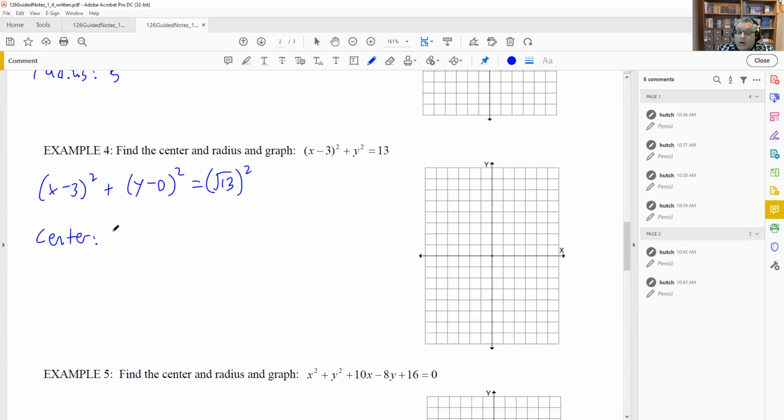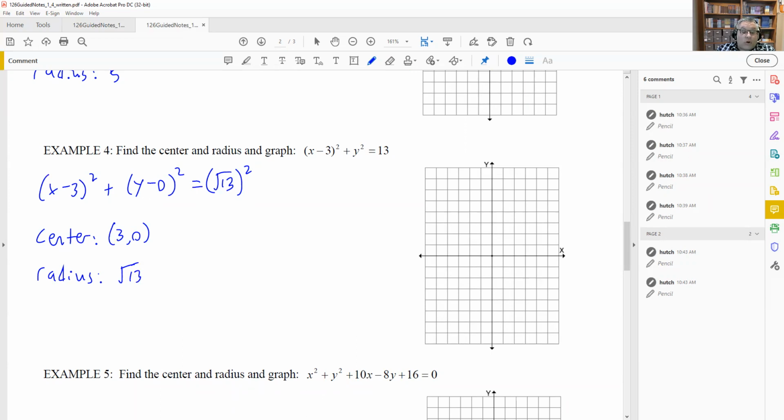The center is the opposite sign of this, which is 3, and the opposite sign of that, which is 0. So the center is 3, 0. Now the radius is the thing that's being squared. Last time we had 5 squared, but this time we have the square root of 13. And so that's going to be your radius.